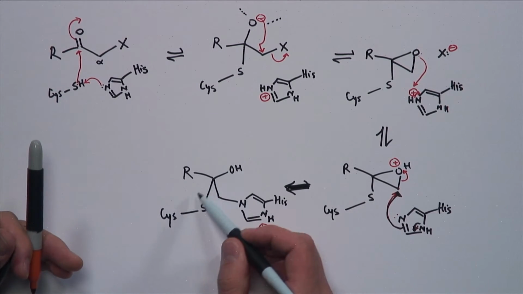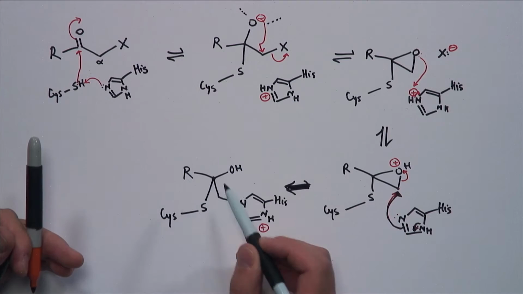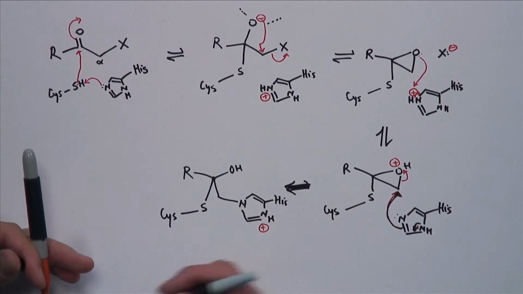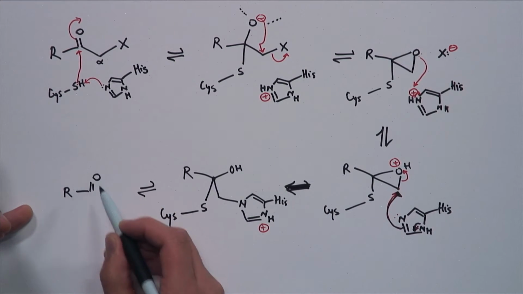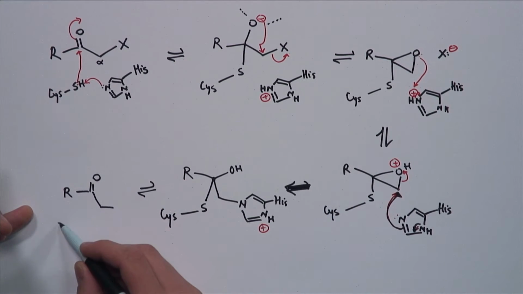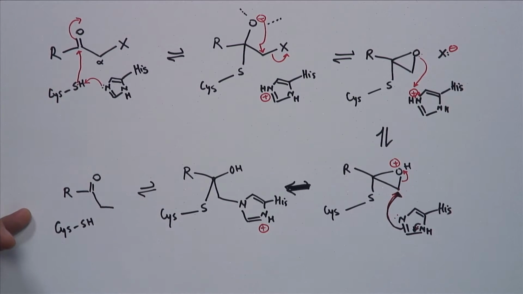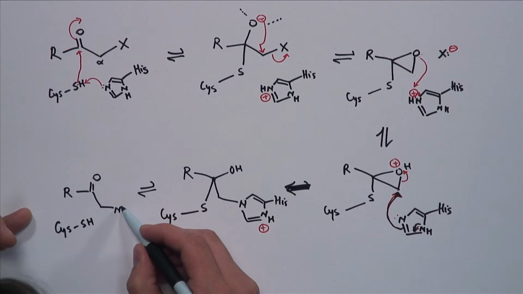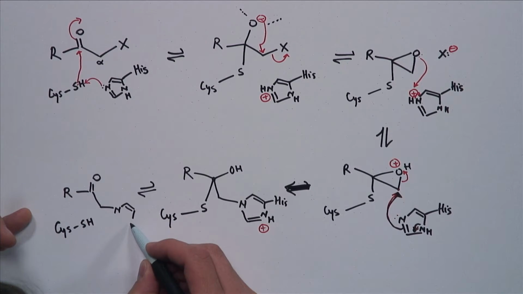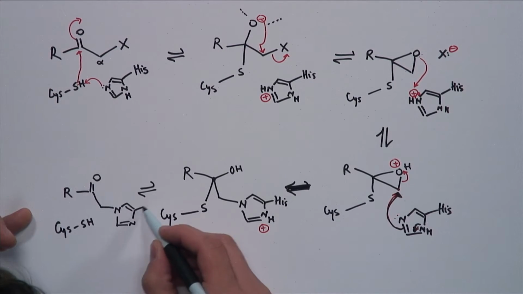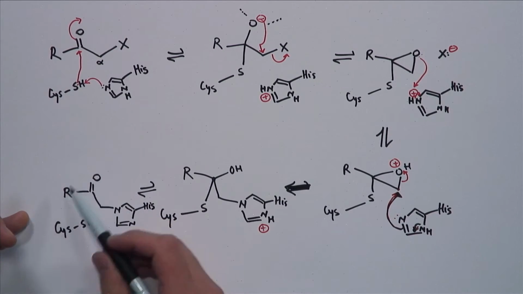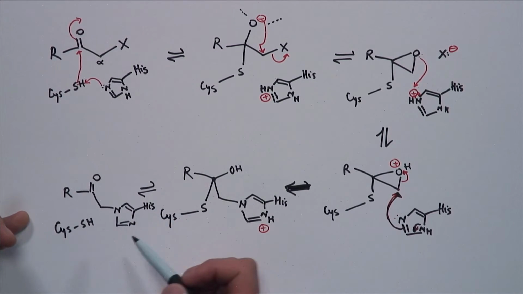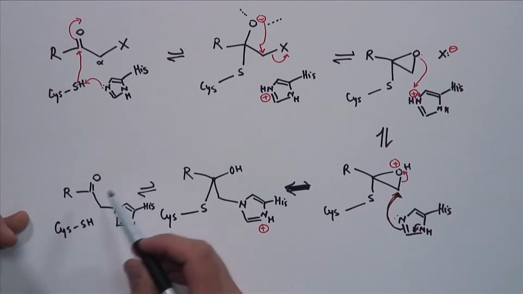Now, even though this tetrahedral intermediate around the carbonyl carbon can fall apart, as we saw before, reforming the carbonyl and the cysteine thiol, the covalent bond to the histidine remains. And this is in fact the reason for which these inhibitors are irreversible and will show a time-dependent inhibition.